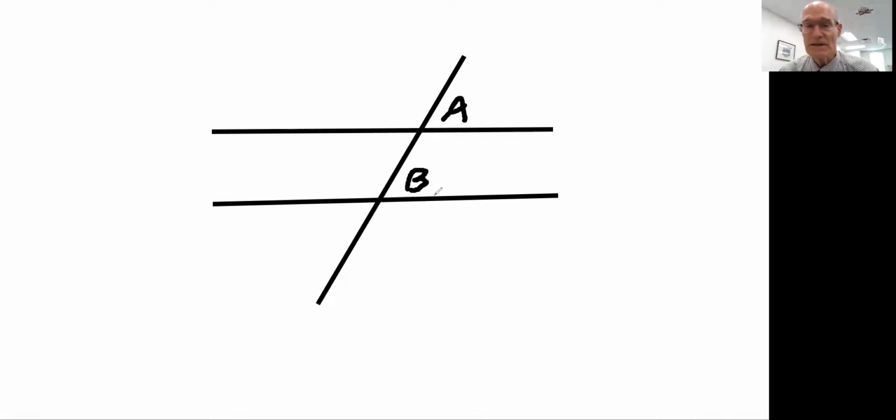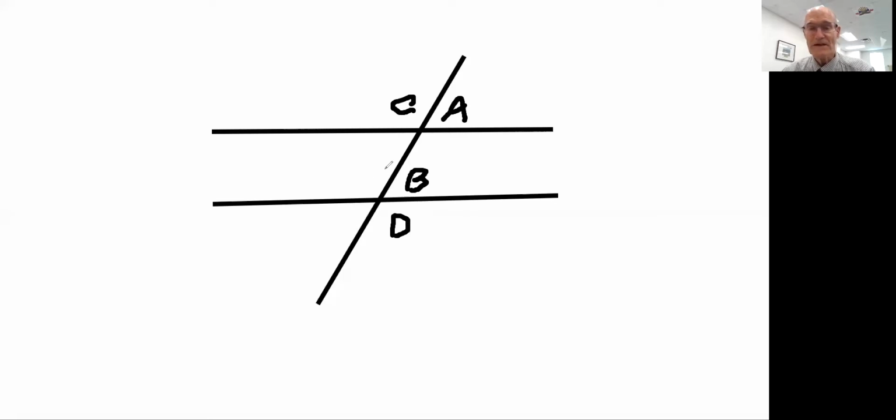the lines are parallel. Now we're going to use that to show that, if we have angle C up here and angle D down here, these would be alternate exterior angles, and we will have a theorem that says if the alternate exterior angles are congruent, then the lines are parallel.